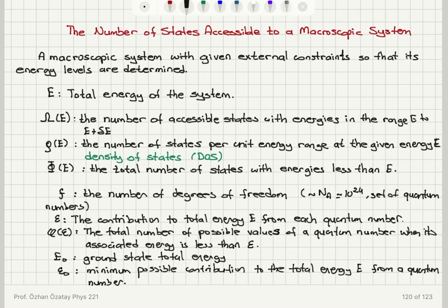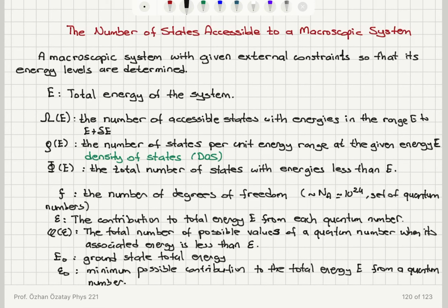The density of states, rho of E, is the number of states per unit energy range at the given energy E. Capital phi of E is the total number of states with energies less than capital E. F is the number of degrees of freedom, the total number of quantum numbers you have to specify in order to describe the state of the system.